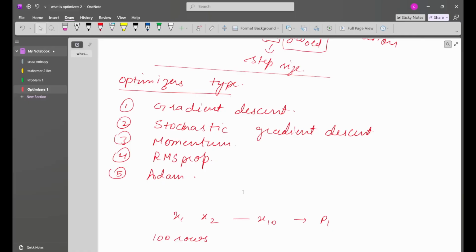And in our next video we will see that there is a flaw in the Adam optimizer also, and that causes the vanishing and exploding gradient problem in the training of large language models when researchers tried to make deeper models.